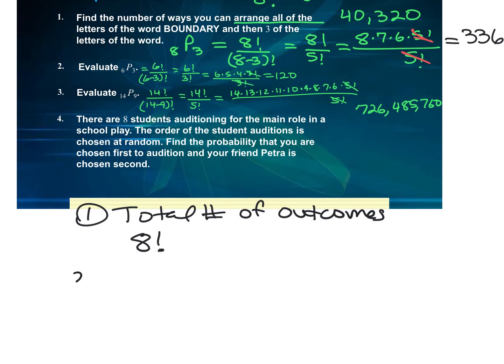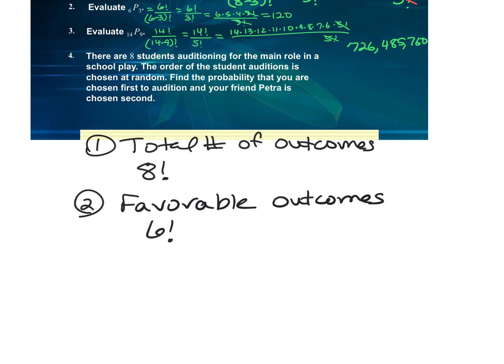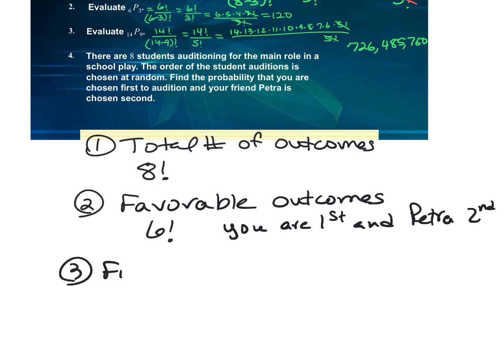For the favorable outcomes, I'm taking myself out of that 8 and my friend Petra, so that only leaves 6 people to arrange. So then the favorable would be you were first and Petra is second. So step 3 is to find the probability.